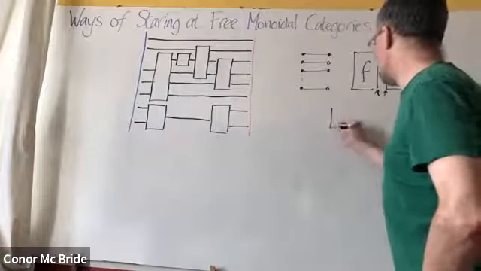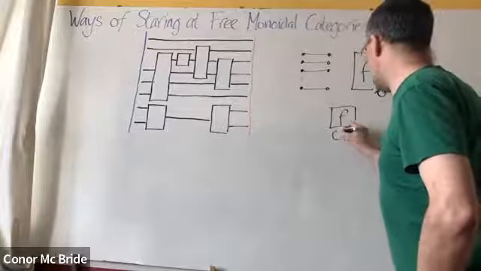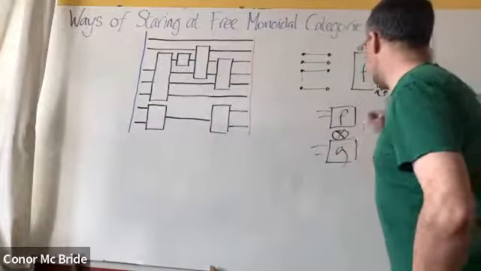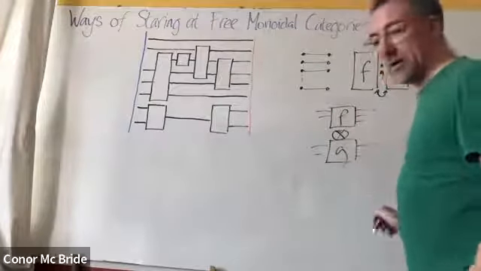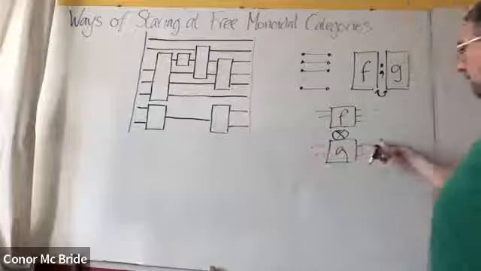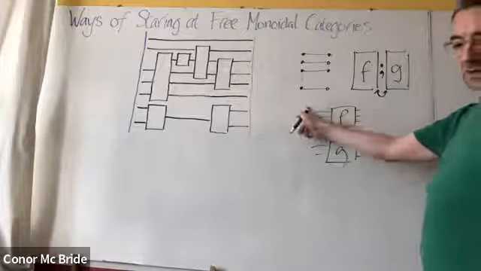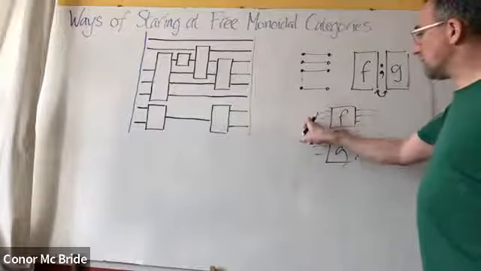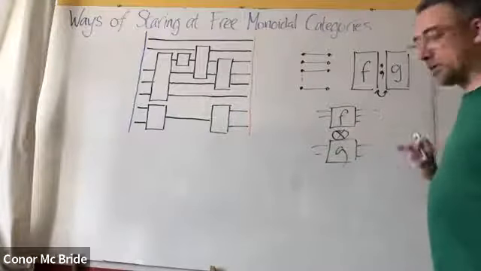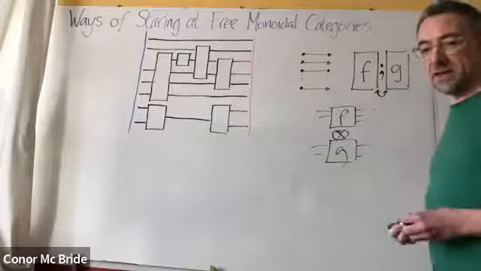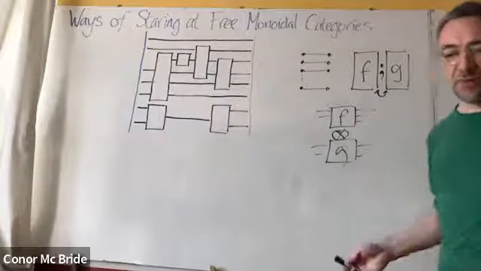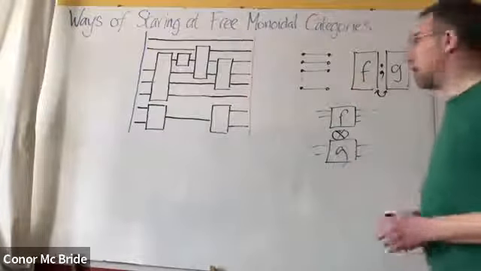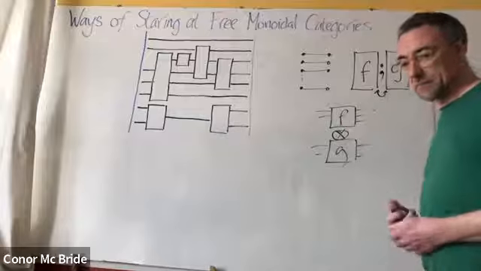You've got a notion of F tensor G, where you've got some inputs here and some more inputs there, and you end up concatenating the inputs and the outputs. And of course, the empty circuit that has no inputs and no outputs is the unit of this monoidal structure.